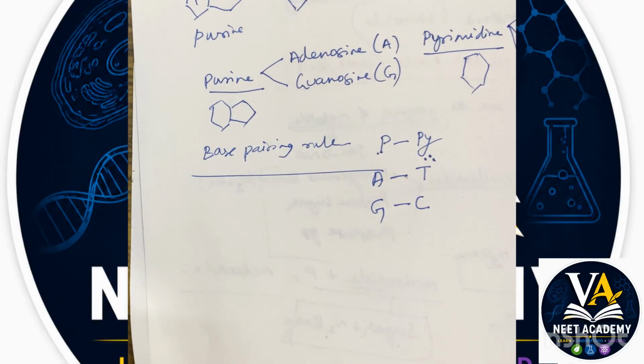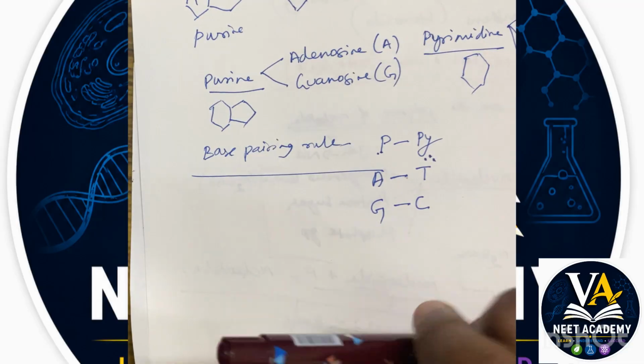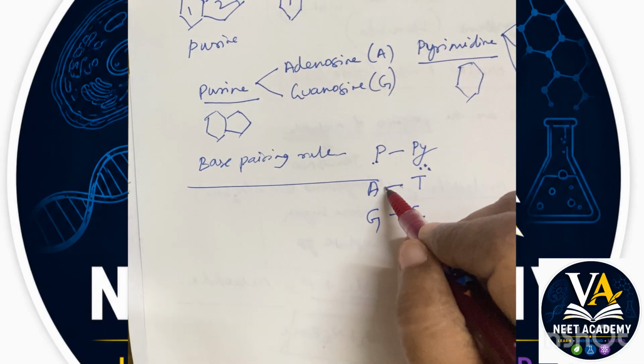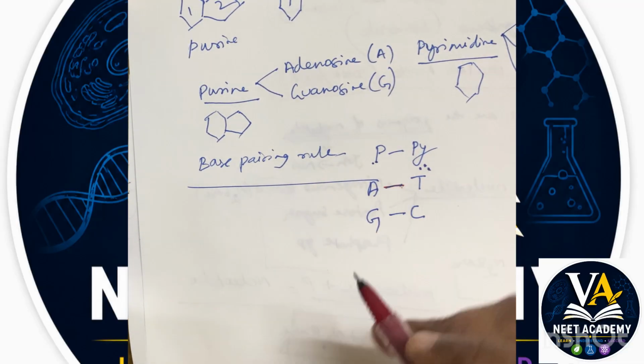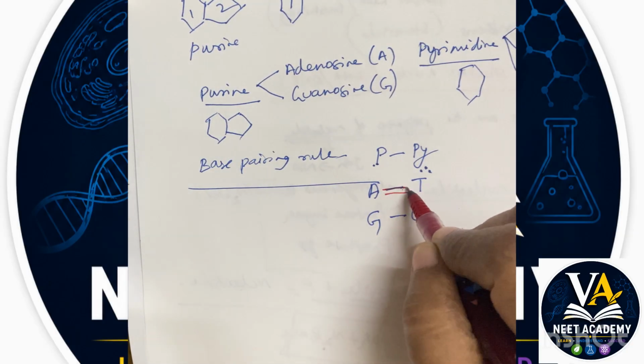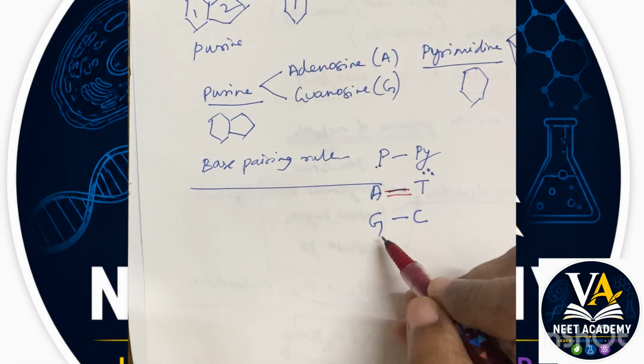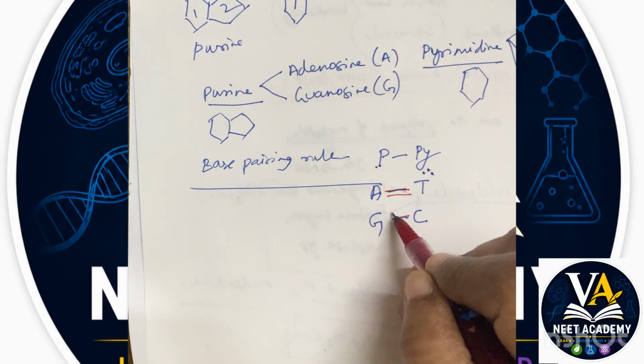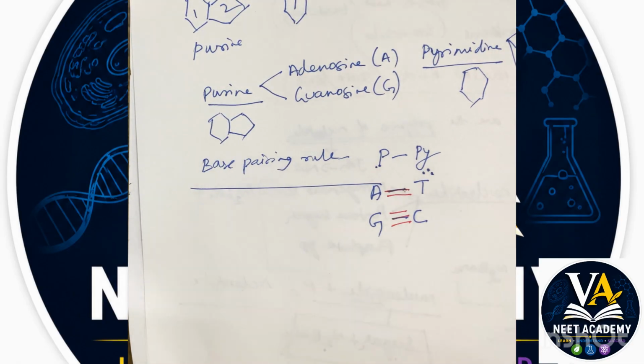And how is this pairing happening? This pairing happens with the help of a hydrogen bond. Adenosine A pairs with T with the help of a double hydrogen bond. G pairs with C with the help of a triple hydrogen bond.